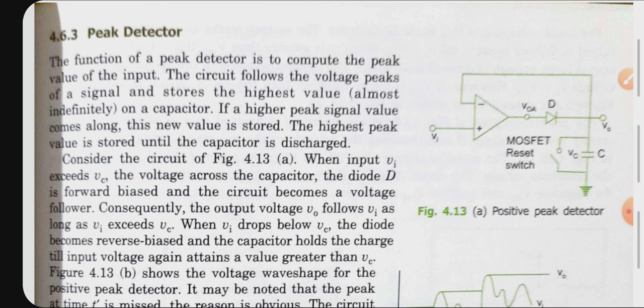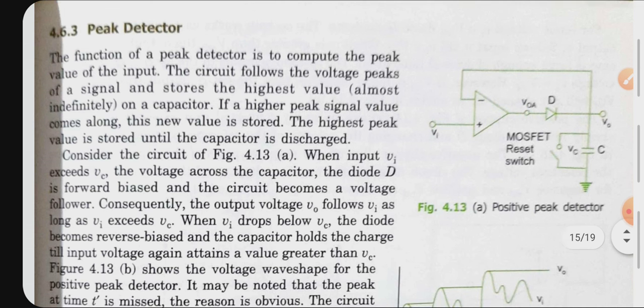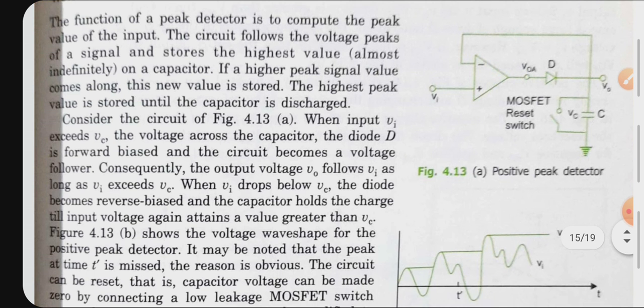Okay, peak detector is a very simple circuit. You can see here. A peak detector is a simple op-amp based circuit which is used to compute the peak value, that means the highest value of the input voltage.